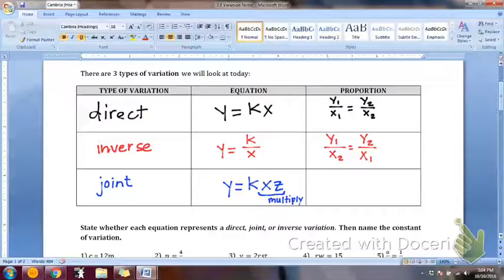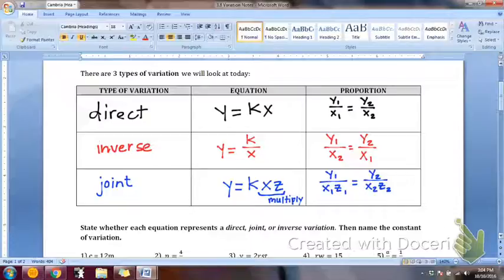This is the proportion: y1 over x1 times z1, so they're being multiplied, equals y2 over x2 times z2.